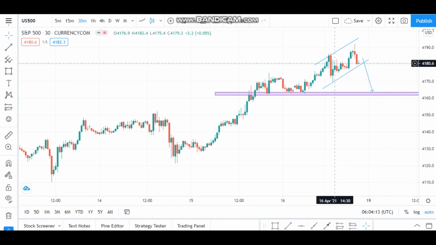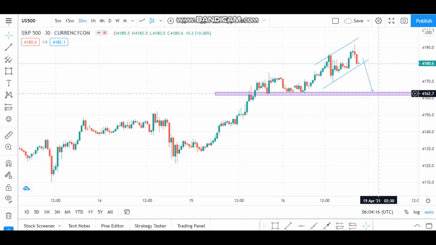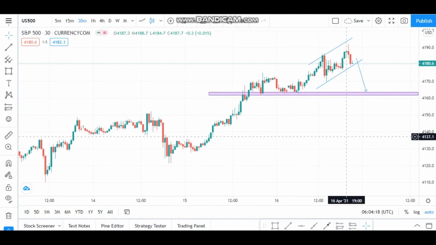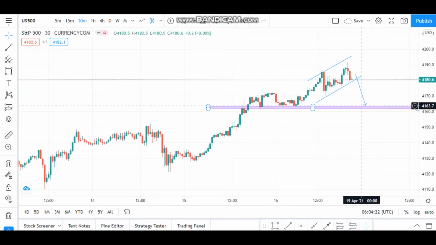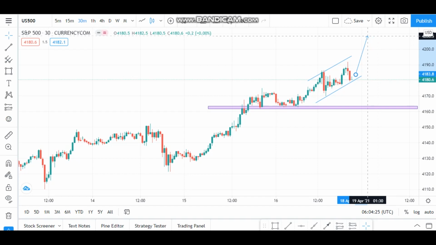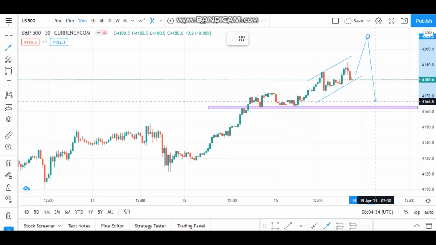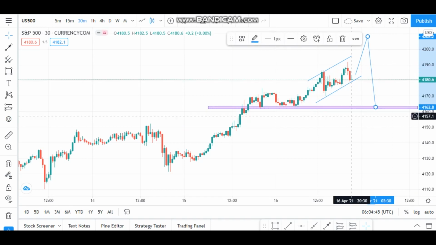Or since the market was already selling, the market can decide to have an immediate corrective move instead, then cater for a resistance zone before dropping, then before we can have another bullish continuation pattern.